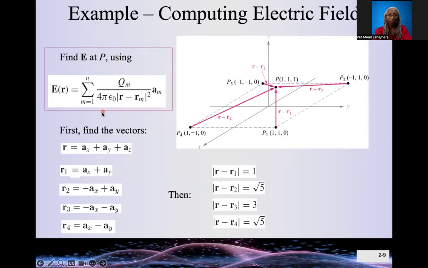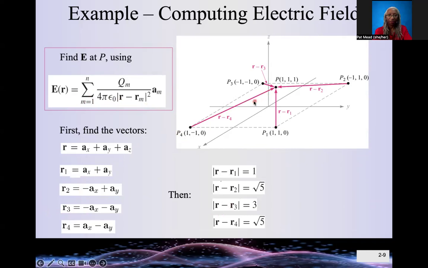So here's an example. It says find E at P using that expression that we had, that the electric field is the superposition of all the charged particles. So how many charged particles do we have? We have 1, 2, 3, 4. Let me do this. I think you have 4.